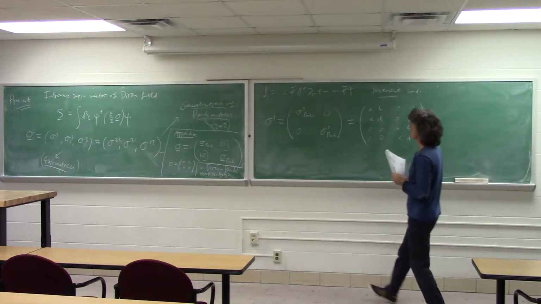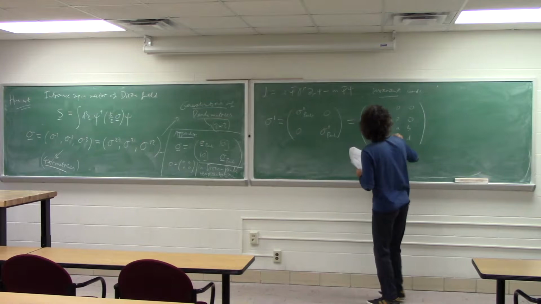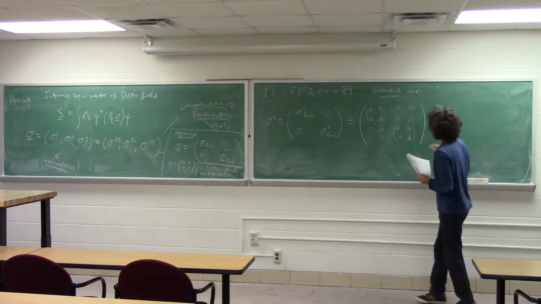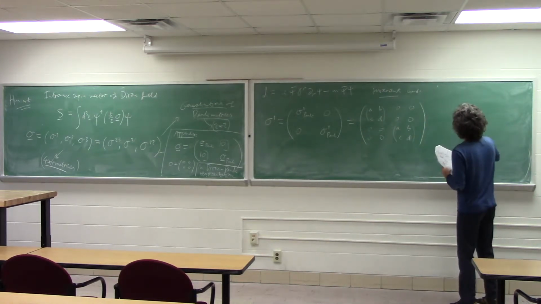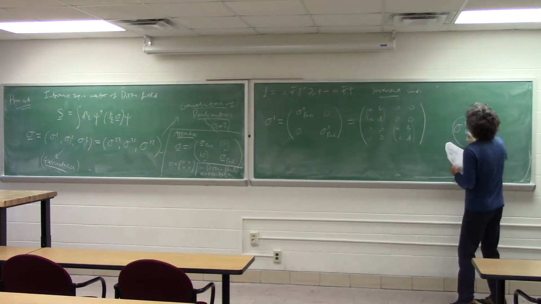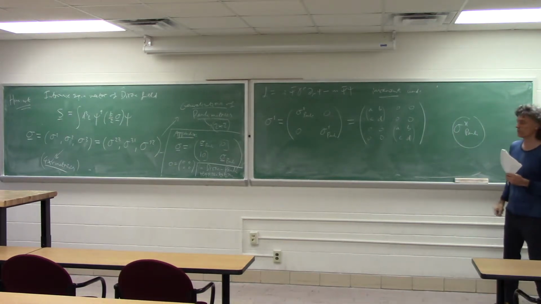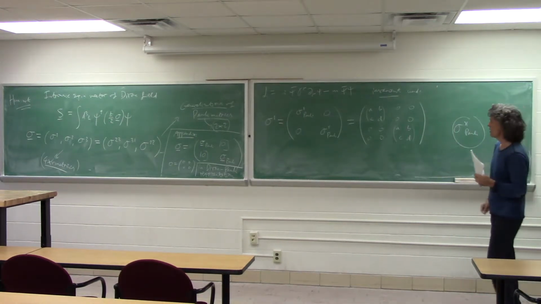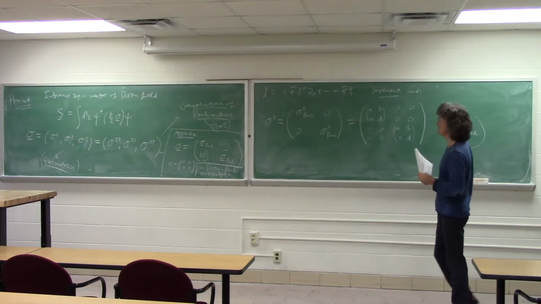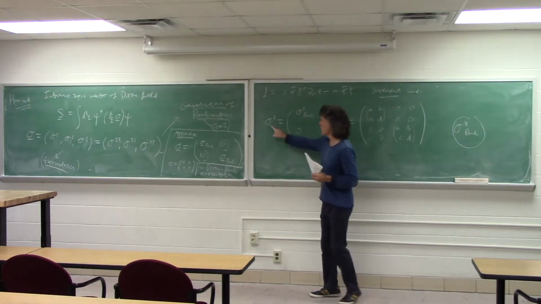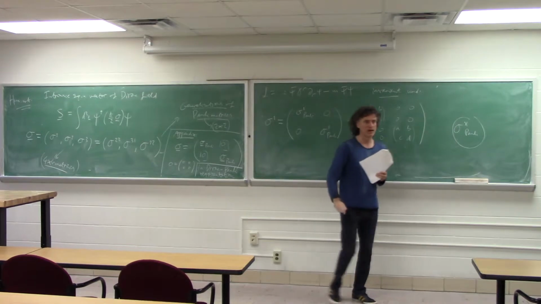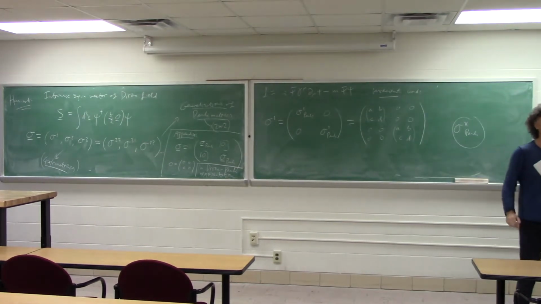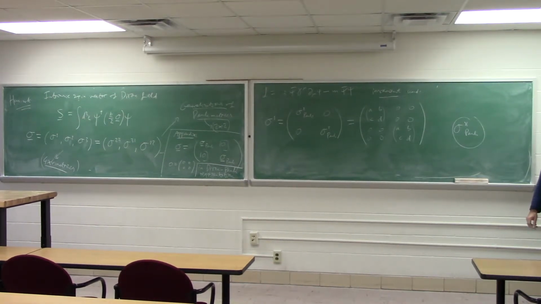But anyway, this is just the x sigma Cowley matrix. So this is now a 4 by 4 matrix, and this is what sigma 1 is equal to in the Dirac-Cowley representation. And as I said, we're actually not even going to use any of this really, but slightly, a little bit.